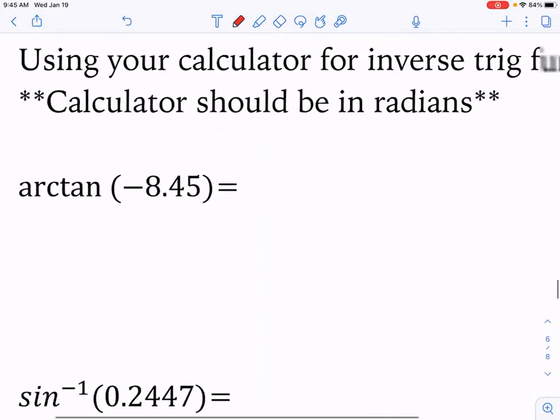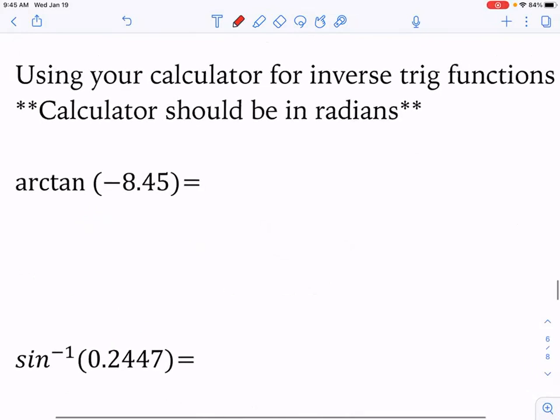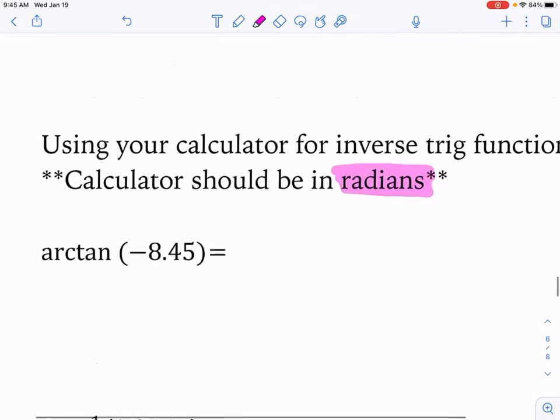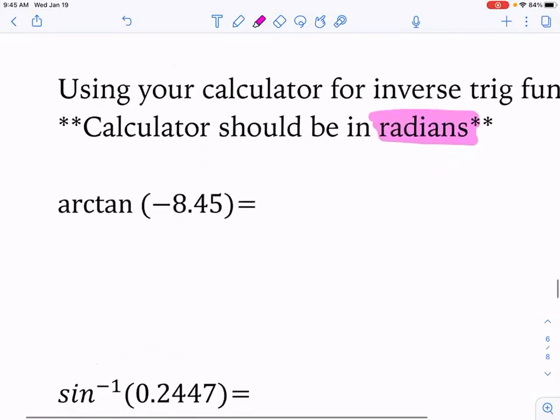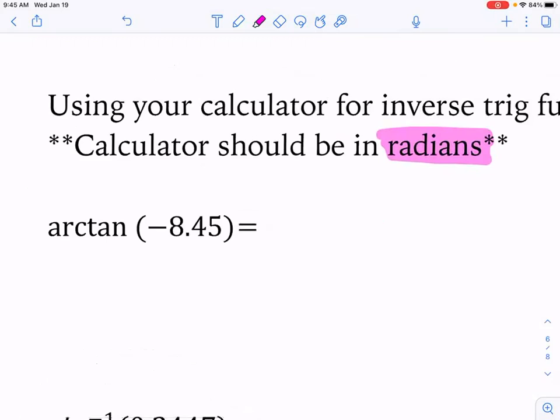Okay, first of all, I want you to make sure that you're in radian mode. If you haven't touched your calculator since the quiz, then you're probably not in radian mode.